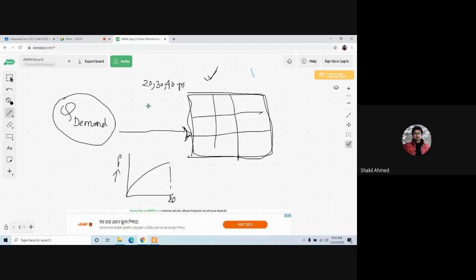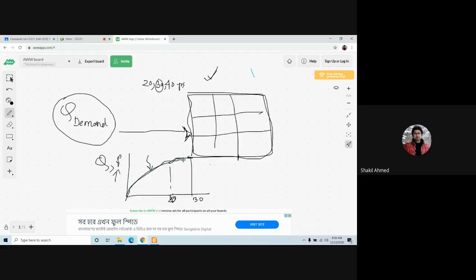If your design year is 30 years, then you need to know what is the population or water demand after 30 years. It can be population or it can be Q demand, whatever you want. So Q demand varies. Usually with time it increases. So you need a model basically.